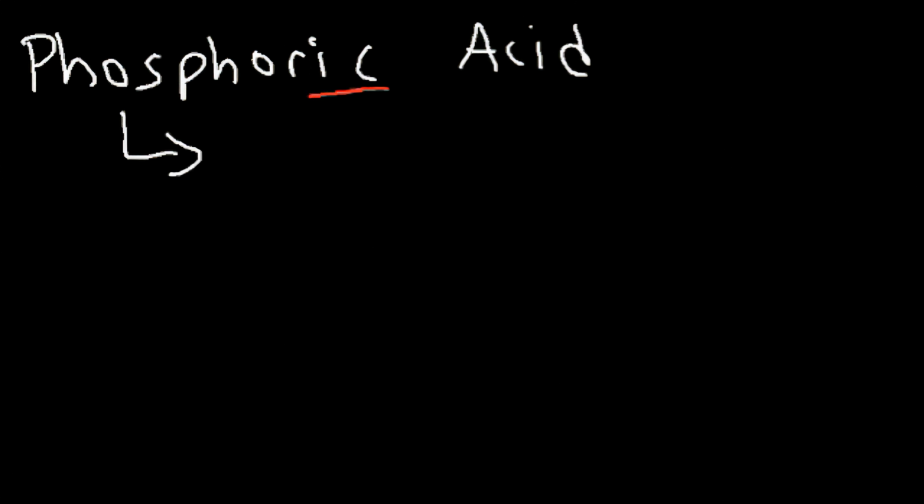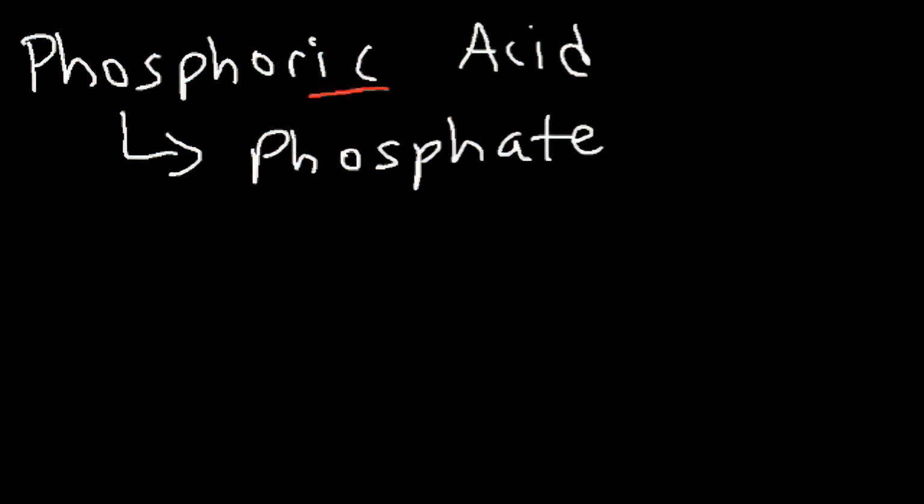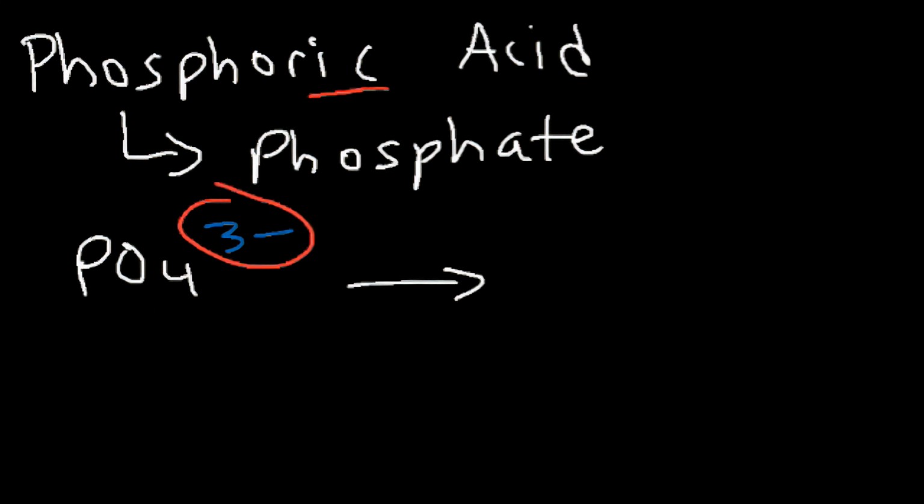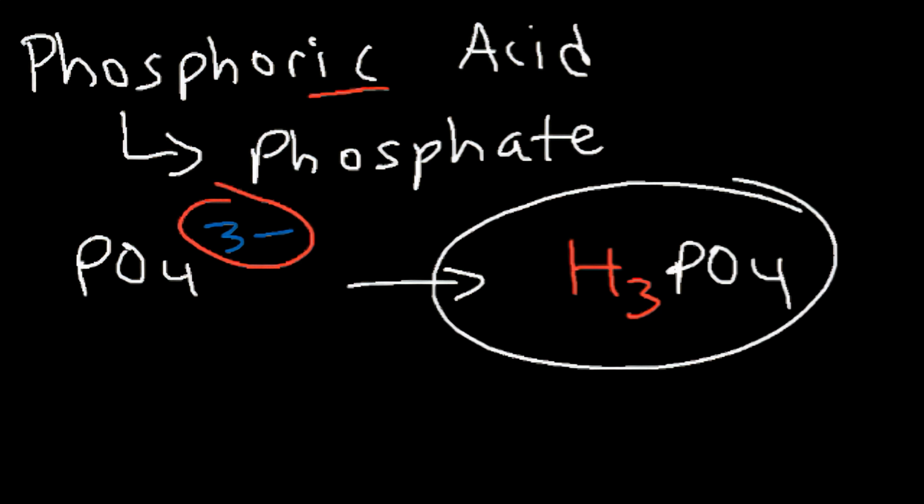So this is associated with the phosphate polyatomic ion. Phosphate is PO4 3-. Once you've identified the ion, you simply need to add hydrogens to it. Because the charge is -3, we need to add 3 hydrogens to it, so it's going to be H3PO4. So this is the formula for phosphoric acid.